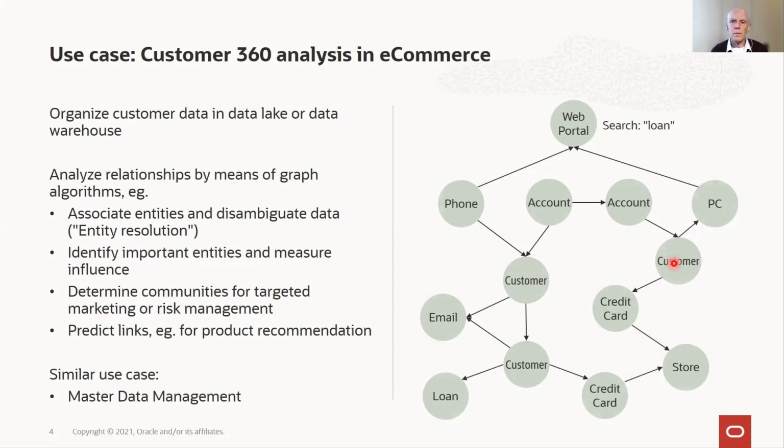If the customer on the right is, say, new and largely unknown, just by the fact that a well-known customer like this one is transferring money to that other customer, into that account, and this customer is shopping at the same store as someone who's related to the first customer, and that customer is also looking at the same web pages, maybe on the company portal, that gives you similarities on different levels, which help you to be a lot more specific about your marketing activities, or help you to derive a more accurate risk score and whatnot.